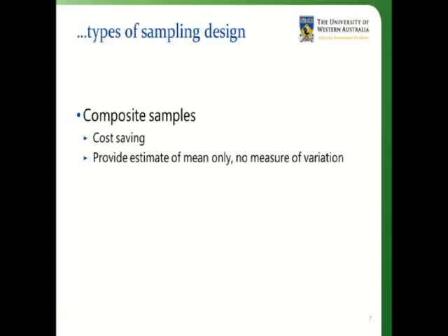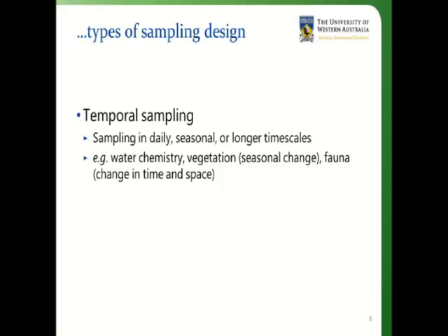So a composite sample means, for instance, that in a stream or a water body, we might take several samples across a pond or a lake and combine them and then analyse the combined sample, or in a stream we might take samples at different times during the day and combine them to get a daily average, for example. So we composite them, we combine the samples into a single sample. We do miss some information in that.